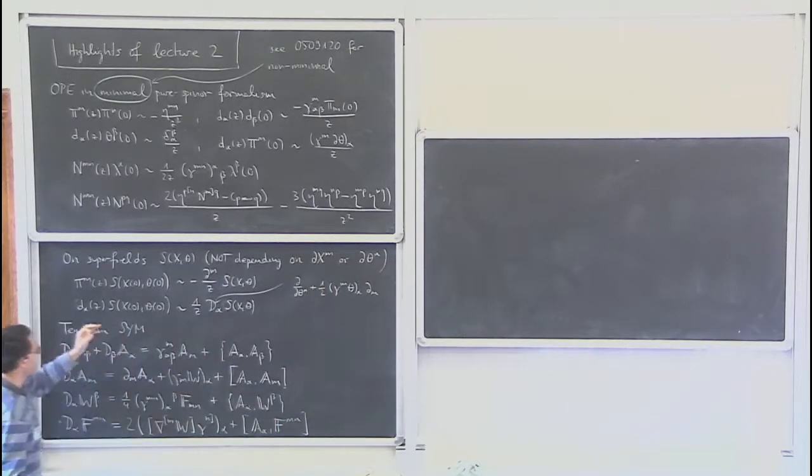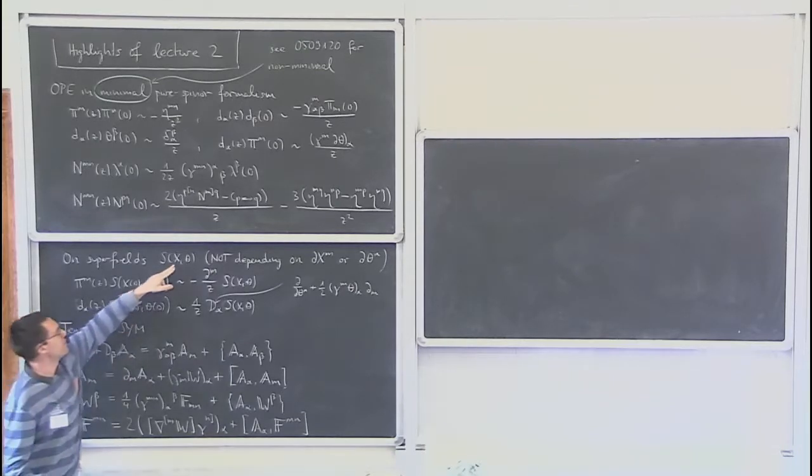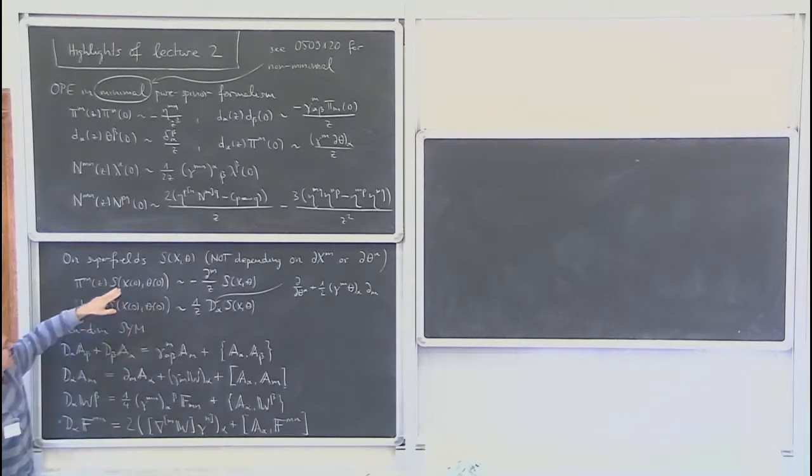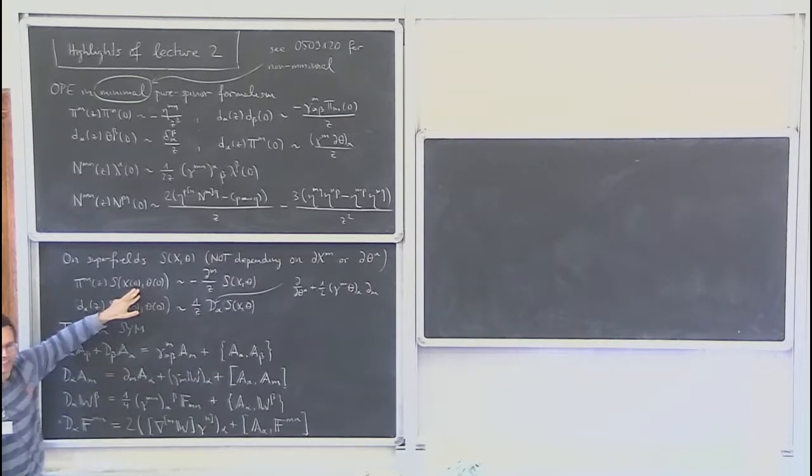And to be super careful, from the worldsheet perspective, a superfield means it's a function of x and theta, where x and theta in turn are functions on the worldsheet. I hope this bracketing here doesn't make you nervous. Let's not forget that the arguments x and theta of the superfield are by themselves functions on the surface.